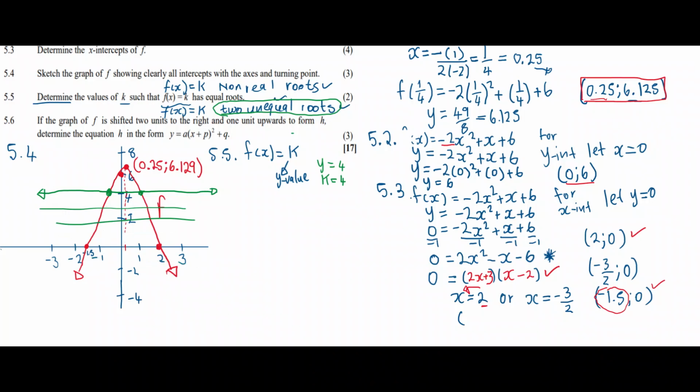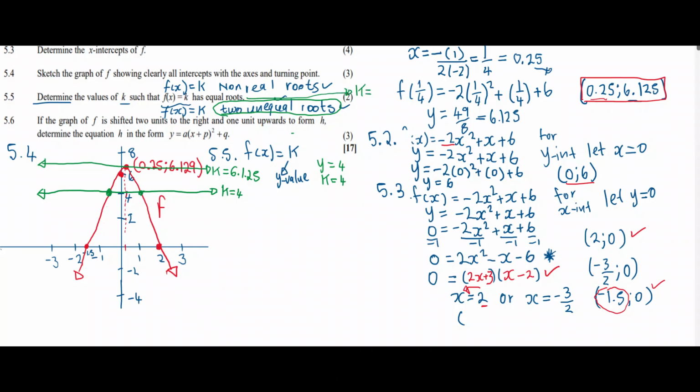No, I think you can have as many k values there, going down, and going up as well, but only up until a specific point, because once it's passing through here, at k value equal to 6.125, you will notice that it touches only once.